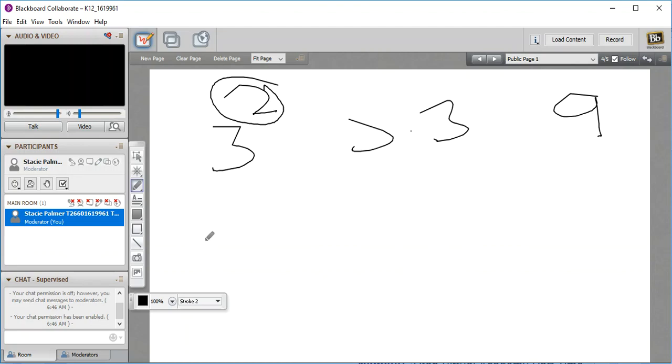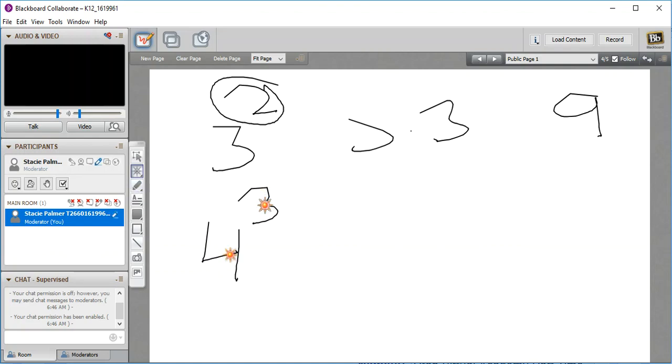Let's say I give you 4 to the 3rd power. That would be 4 used as a factor of itself 3 times. This is not 4 times 3. Please do not write 12 here.